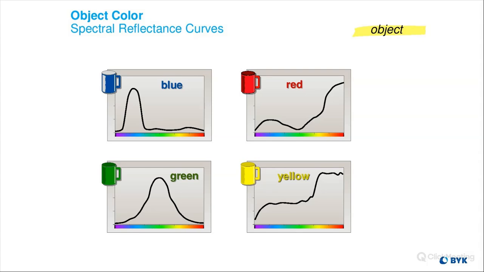And then it peaks out at the highest point in the red region. And so we can say that's a red cup there. Below that's green. So we see the largest spike in the green region. And then for yellow, it's a little tricky, but there is a peak at the yellow point that kind of slopes down slightly for the red. And so really it'll be somewhat of an orange color, but it's close enough for this.